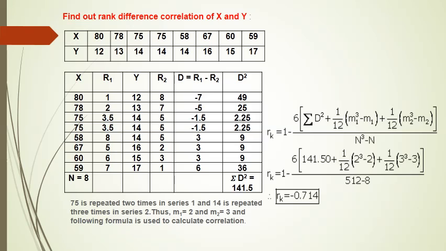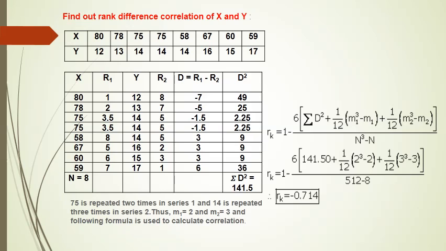When we solve this, it will be 6 into (141.50 plus 2 cube is 8 minus 2, that is 6, 1 by 12 into 6, that is 1 by 2, plus 3 cube, 27 minus 3, that is 24, 24 divided by 12 is 2).